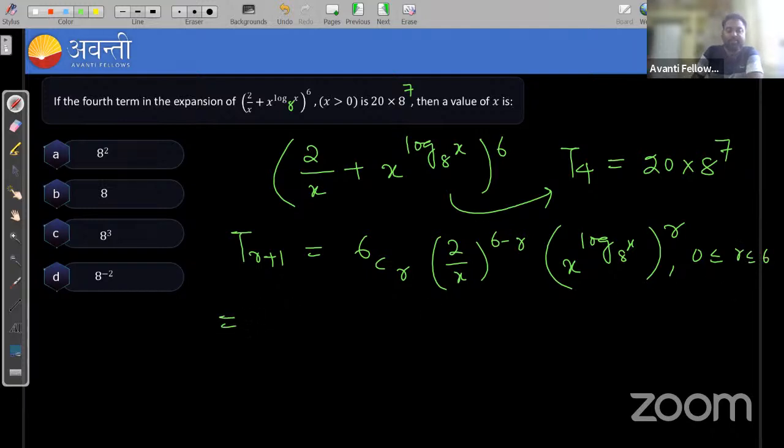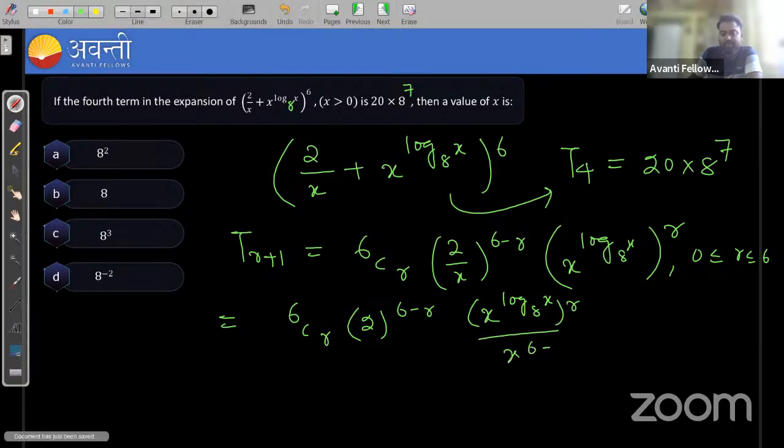Now if we simplify it, what will happen? 6Cr into 2 to the power 6 minus r upon x to the power 6 minus r. We are writing the constant terms first, 2 to the power 6 minus r. If we take x to the power 6 minus r to this term, this becomes (x to the power log of x to the base 8) whole to the power r upon x to the power 6 minus r.